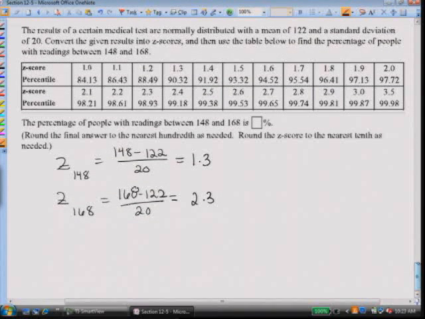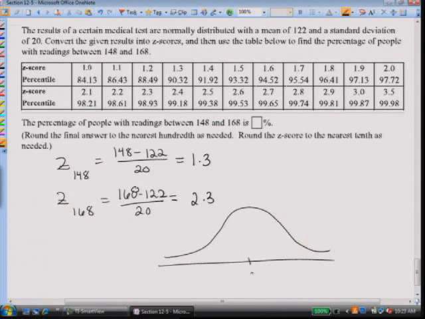Okay. So we have a normal model. And it's a standard normal model, meaning it's centered at 0. We've got 1.3 and 2.3. And we want the area between those two z-scores.